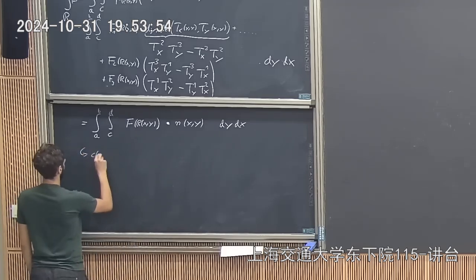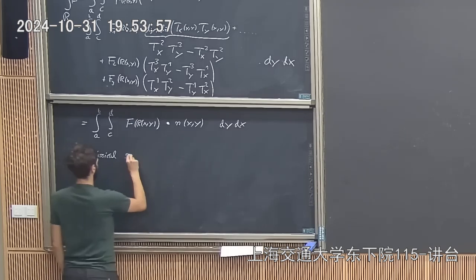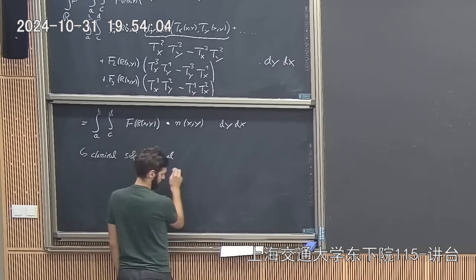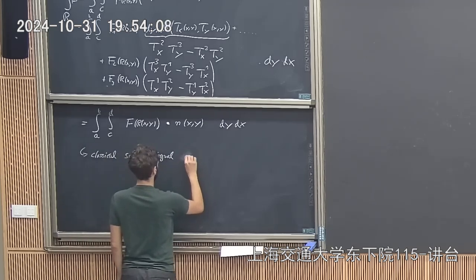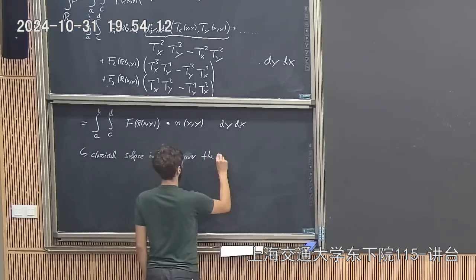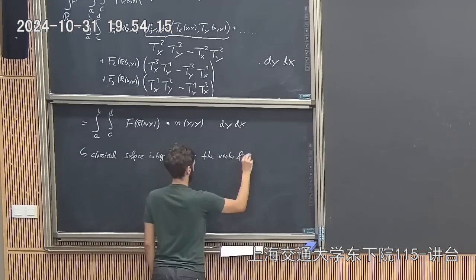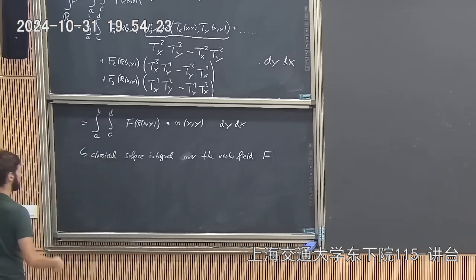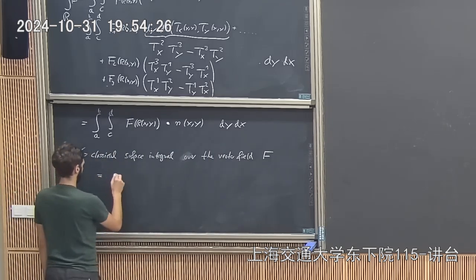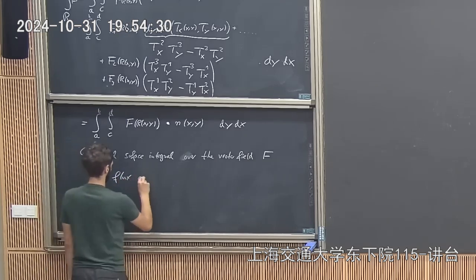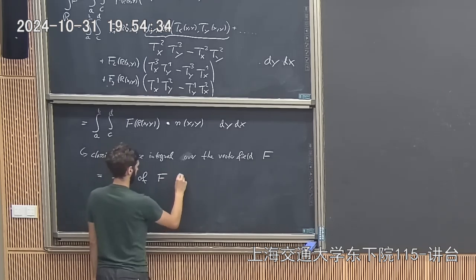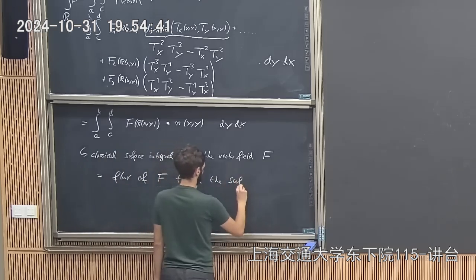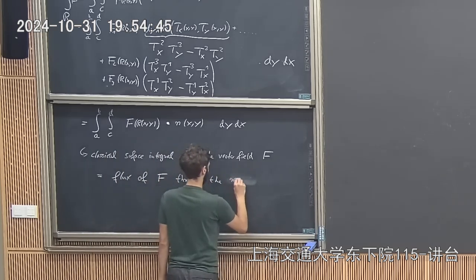Maybe this one is the classical surface integral over the vector field, capital F. And that one calculates, in physics language, the flux of the vector field F through the surface, or through the rectangle.